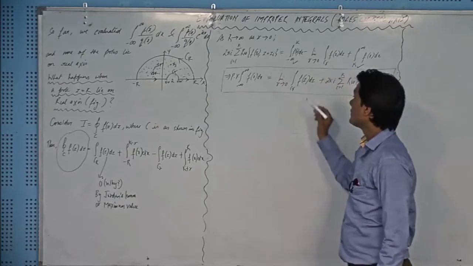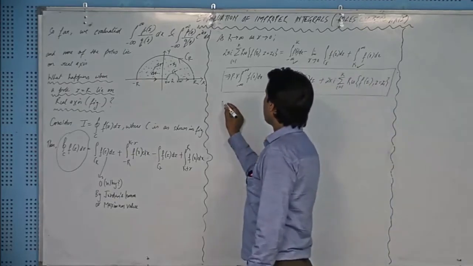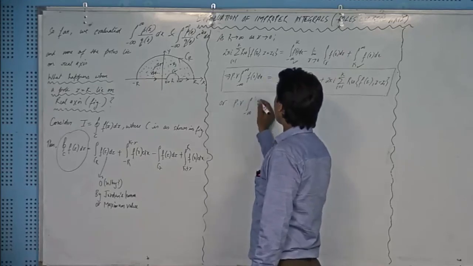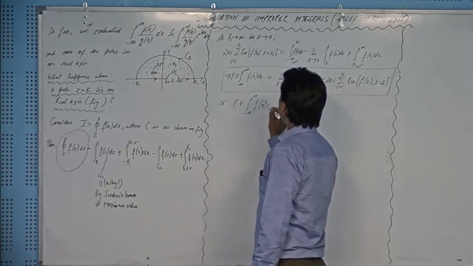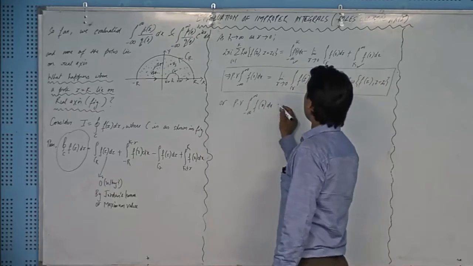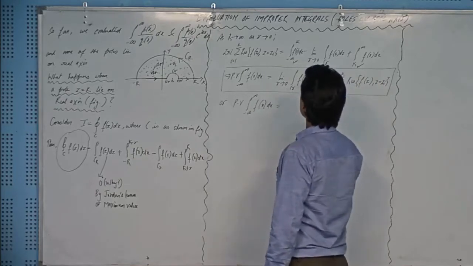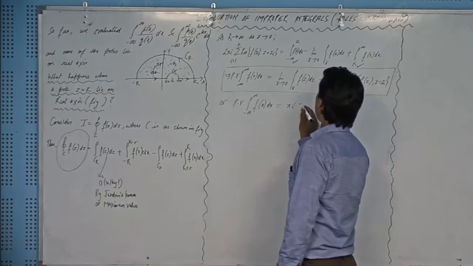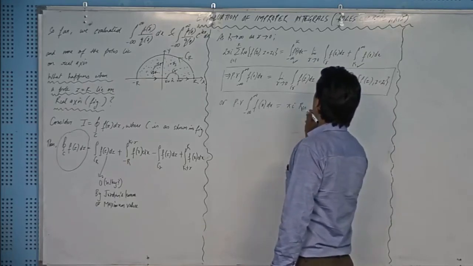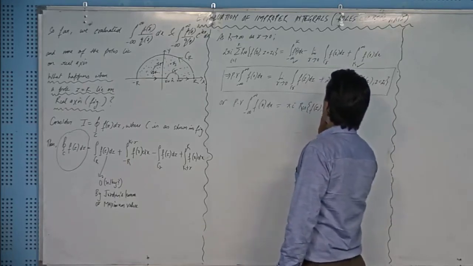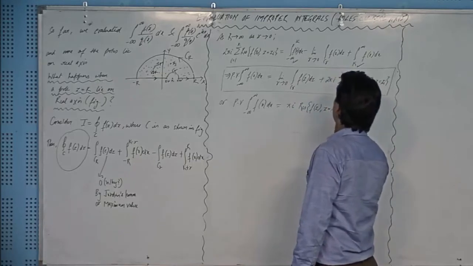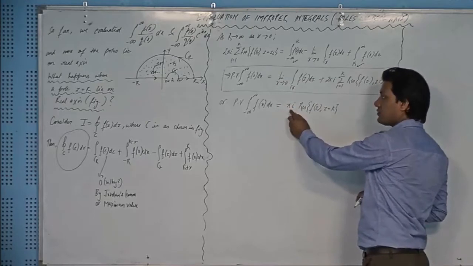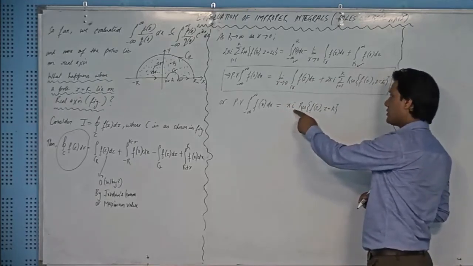The principal value of the integral from minus infinity to infinity of f(x) dx equals pi i multiplied by the residue of f(z) evaluated at z equal to k. Why pi i?